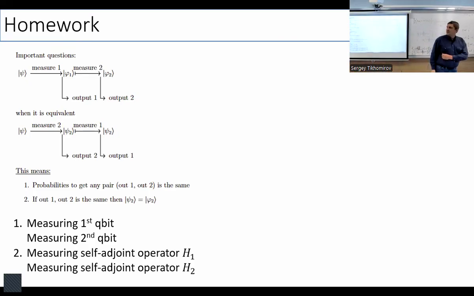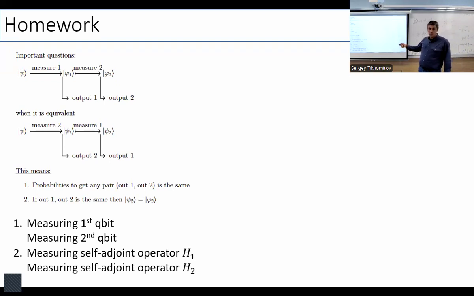There are 2 questions, both about the same thing. Consider 2 measurements. I would consider qubit measurements and measurements with respect to operators, because I have a good answer in terms of operators.